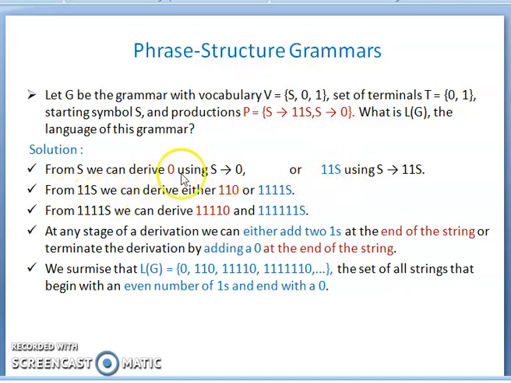So this is clear. There is no non-terminal symbol here, but here is the non-terminal symbol S. In place of S, you can again substitute either 0 or double 1s.